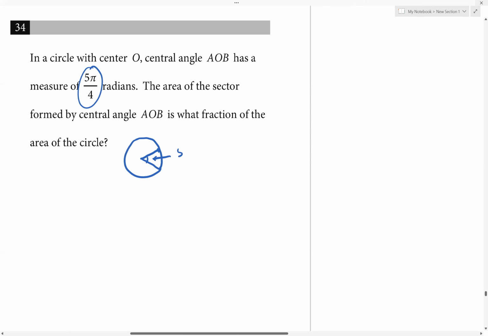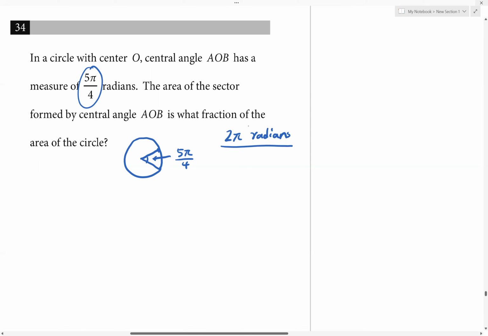This is a radian measure. And for the whole circle, we want to remember the whole circle always has 2 pi radians. So that's for the whole circle.